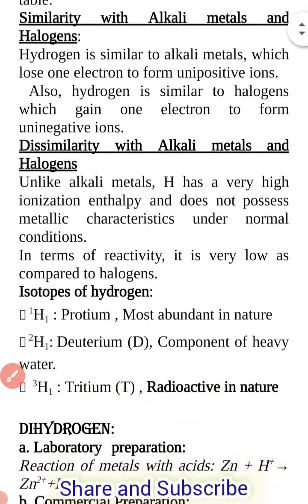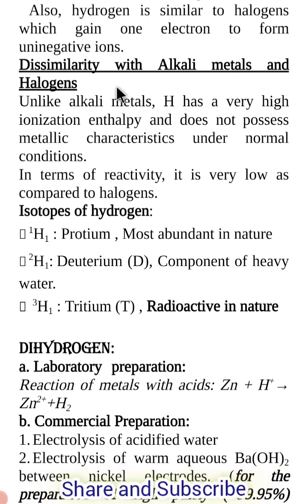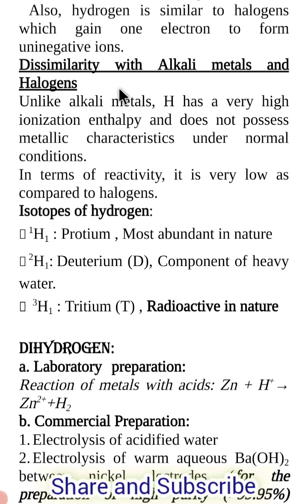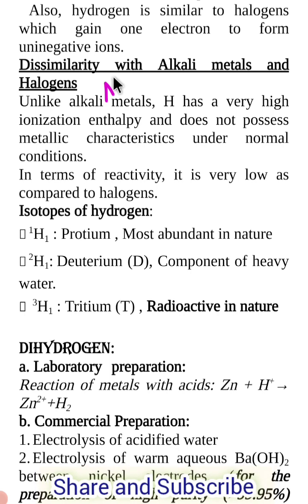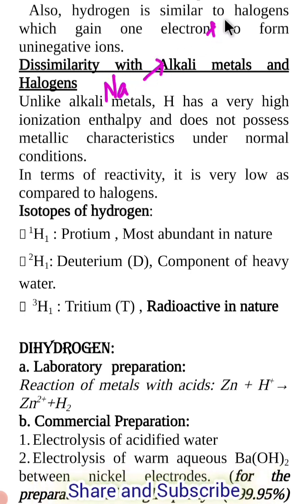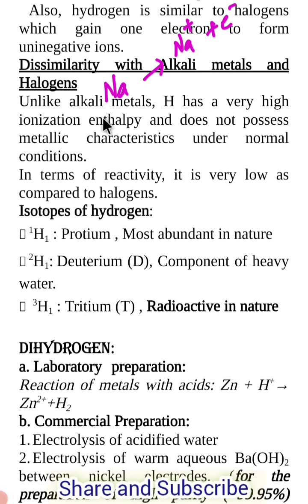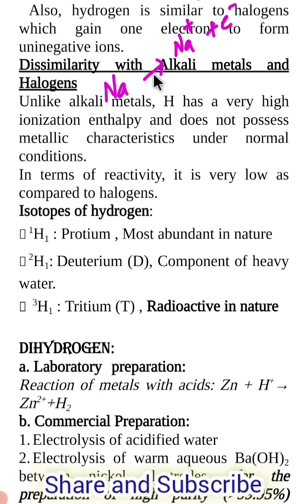Okay, now after these similarities, let us discuss dissimilarity with alkali metals and halogens. It is very easy to remove one electron from sodium or lithium in comparison to hydrogen. The energy required to remove this electron from sodium is called ionization enthalpy, or ionization energy, or ionization potential.